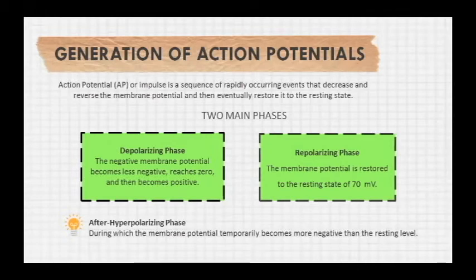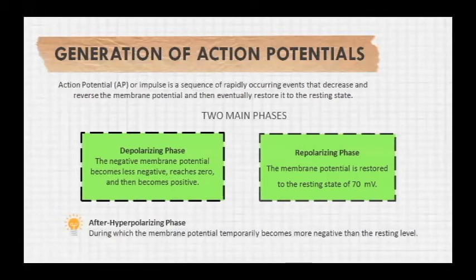First, in the depolarizing phase, the negative membrane potential becomes less negative, which reaches zero and then becomes positive. It is similar to the depolarizing graded potential, where the resting membrane potential became less negative, which is more positive. In the repolarizing phase, the membrane potential is restored to the resting state of -70 millivolts.